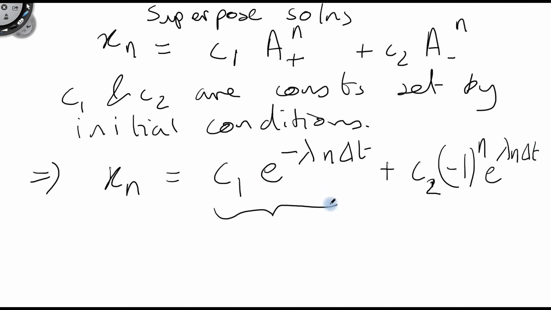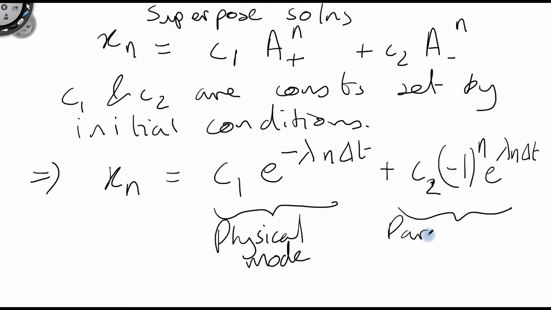You've got basically what we call the physical mode. Now, if you remember back to that sort of recursion example we did a number of videos ago, we had a bit in there that resembled the true solution, but we also had something that was pathological, parasitic, or computational mode.